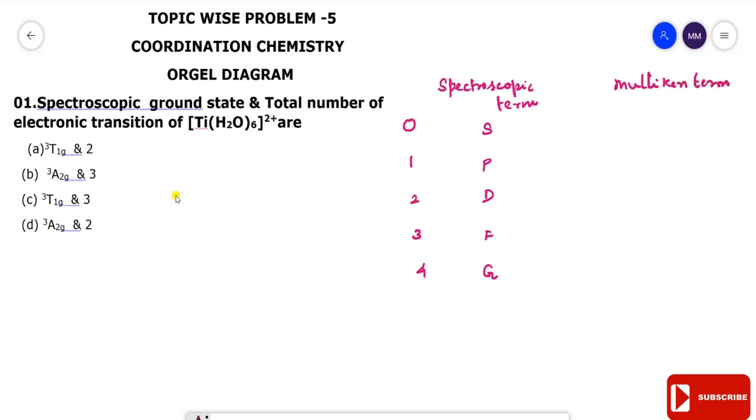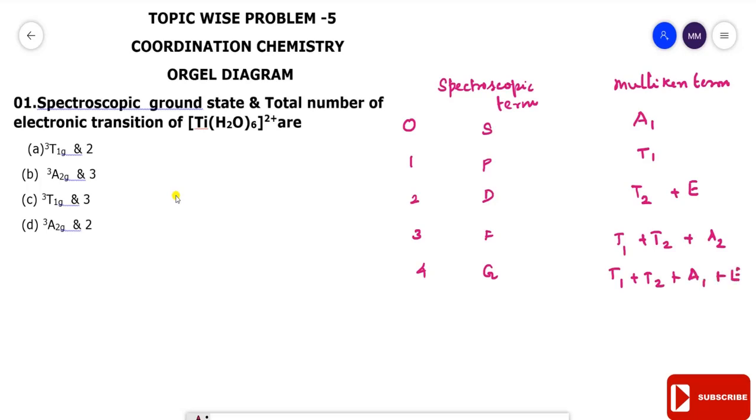The Mulliken terms correspond to S is A1, for P it is T1, for the D orbital we know that T2 and E. For F we have T1, T2 and A2. For G, T1, T2, A1 and E.